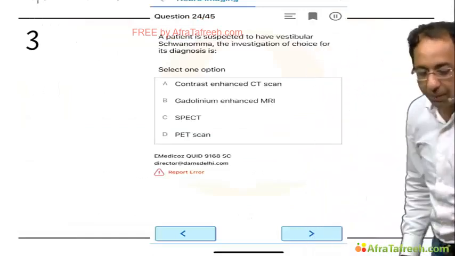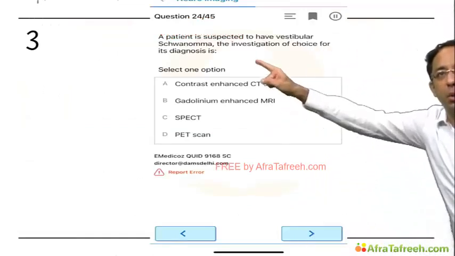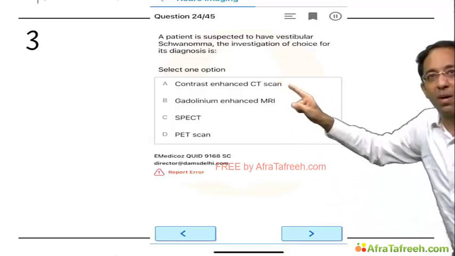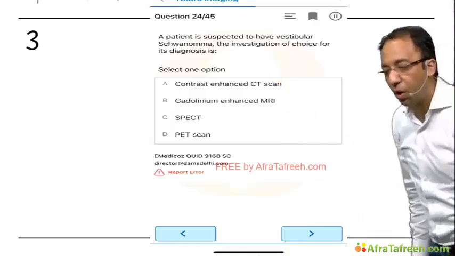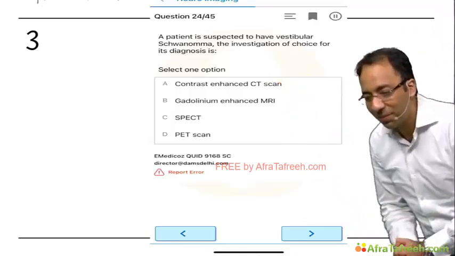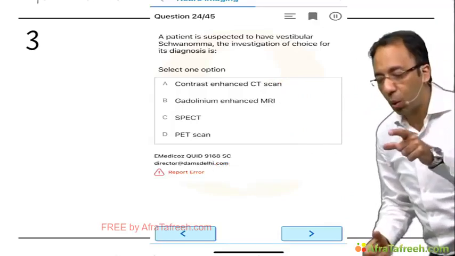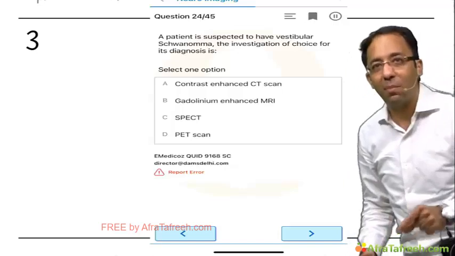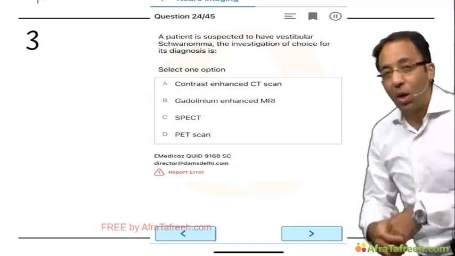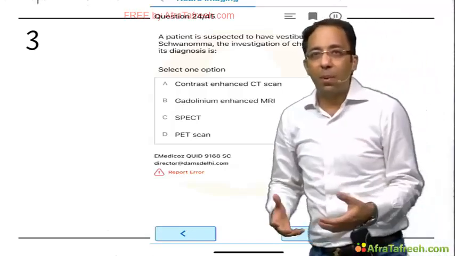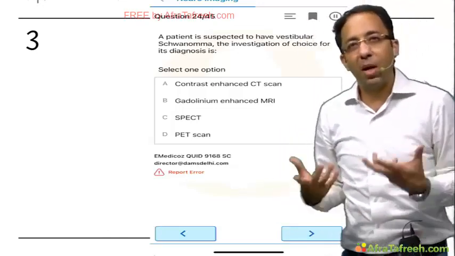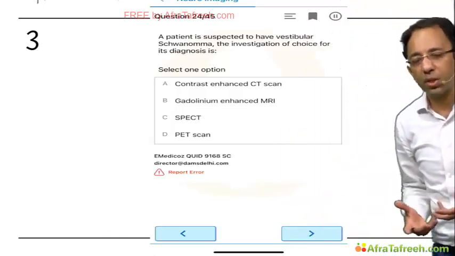Next question. Patient is suspected to have vestibular schwannoma. Investigation of choice for diagnosis is? Any brain tumor, I told you already, MRI is better, and if possible, do a contrast enhanced MRI.